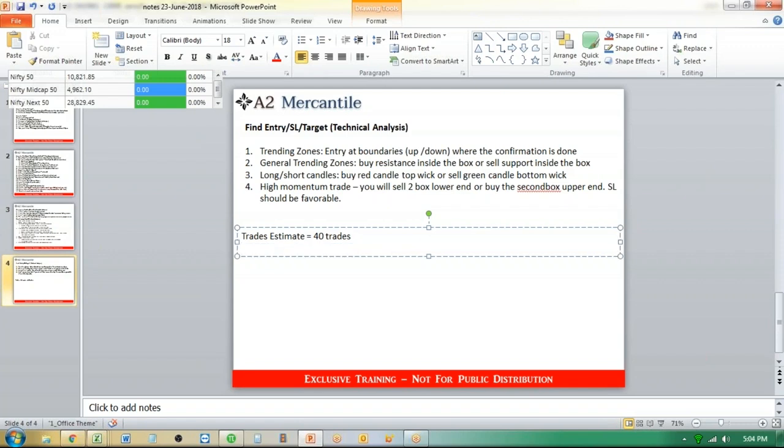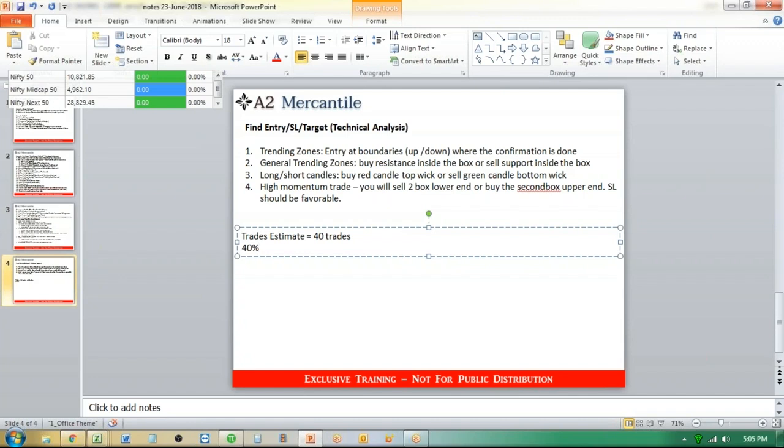Now we usually take about say 40% return on one trade, right? Yes or no? Yes, sir. Okay, so 40% return is what we expect on every trade, which may not happen. The average comes out to be say 25.